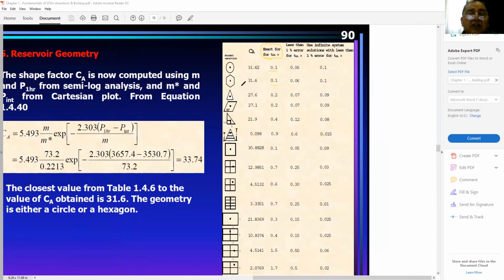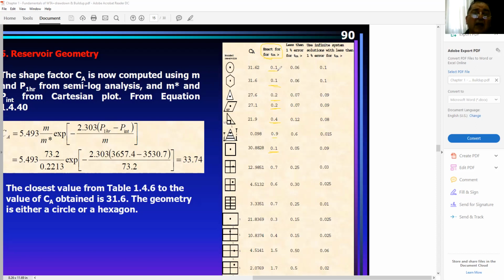This is 0.1 for circular shape, 0.1 for hexagonal, for triangle 0.2, for rectangular, for another triangle, and for square 0.1, and the other shapes. This is the exact solution, the one that we are looking for.